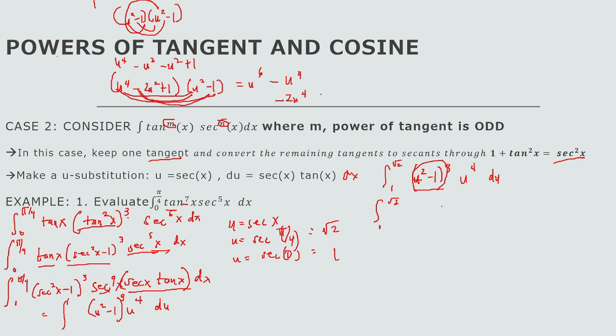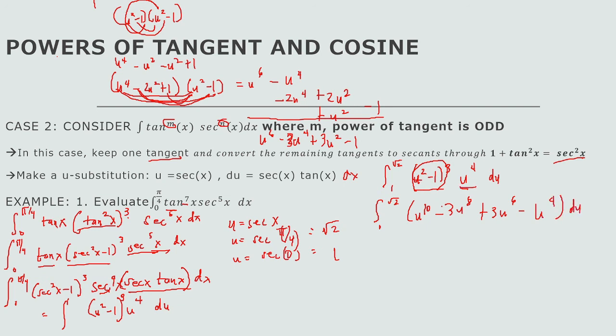Again, you can use Pascal's triangle to skip this. So 2u squared. Then what remains is plus u squared, then minus 1. So that's u to the power of 6 minus 3u to the power of 4 plus 3u squared minus 1. So multiply it with u to the power of 4. Therefore, that's u to the power of 10 minus 3u to the power of 8 plus 3u to the power of 6 minus u to the power of 4 du.